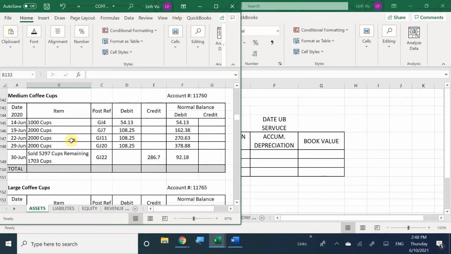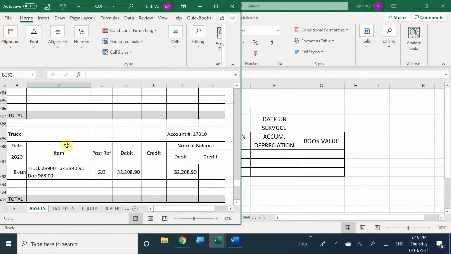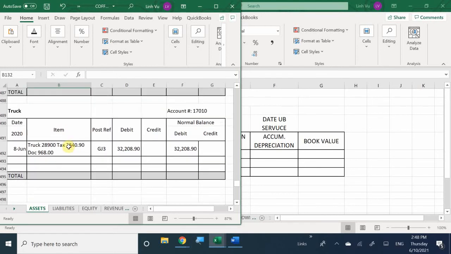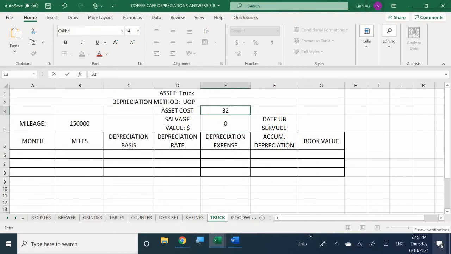Oh, truck. Yes, we go to the truck, to our asset itself. So here we are, truck. How much did my truck cost, everything included? $32,208.90. Okay, so good. That is where I'm going to put my asset cost. It is $32,208.90.